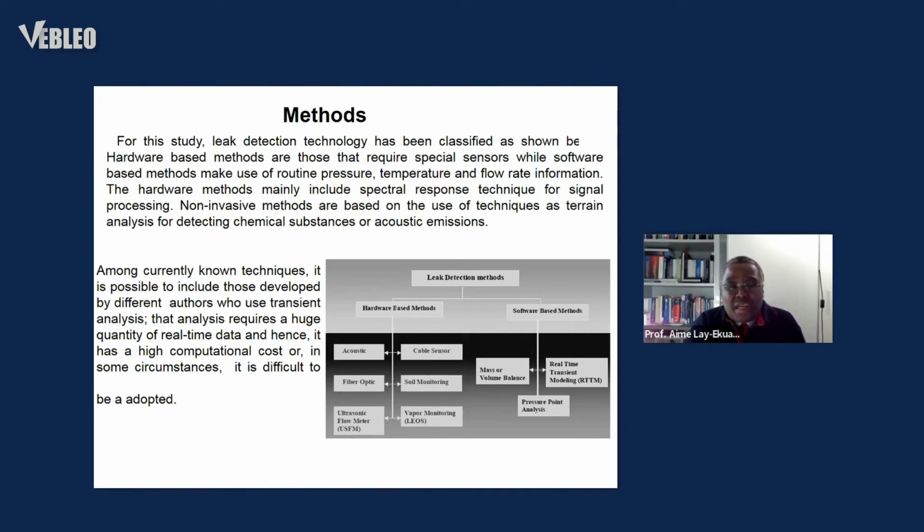We can include a cable sensor close to the pipe, along the pipe. We can use the fiber optic. We can also do soil monitoring. Maybe we want to understand the amount of moisture in the soil. And we can also use the ultrasound. And the last technique could be the vapor monitoring.